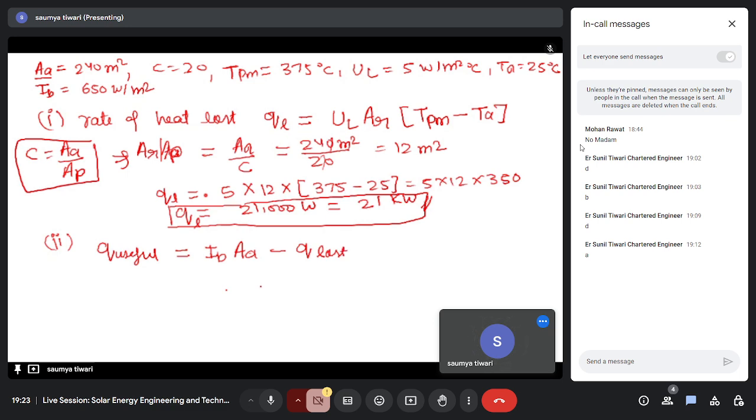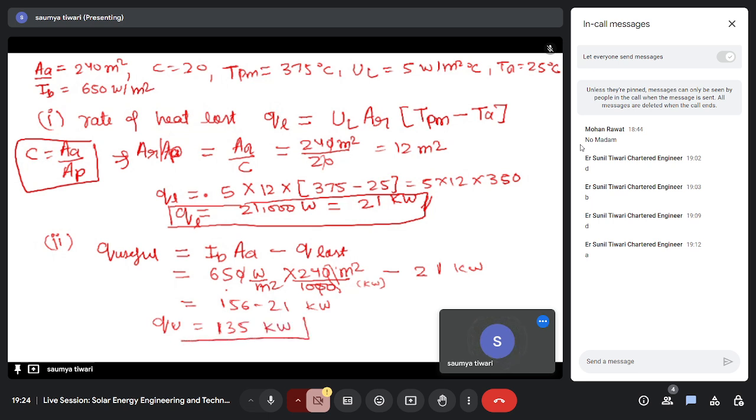You already know the value of IB, it's 650 watt per meter square into area of aperture 240 meter square minus Q lost. This will be in watt, so let's divide by 1000, then this will be in kilowatt, minus 21, also in kilowatt. So it will be 156 minus 21, which will come to be Q useful equal to 135 kilowatt.